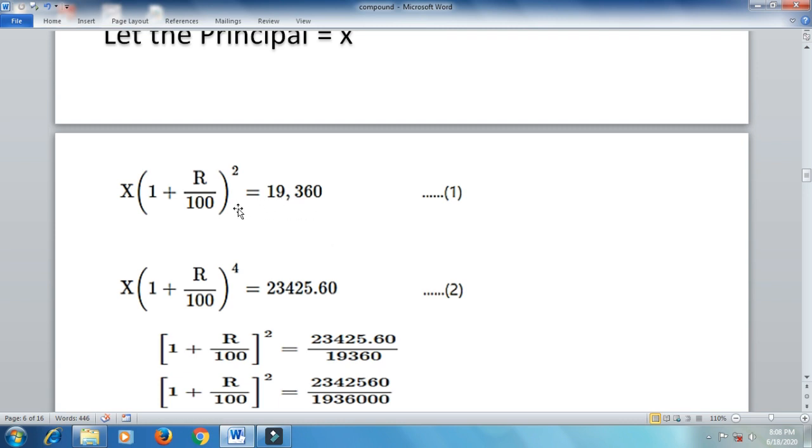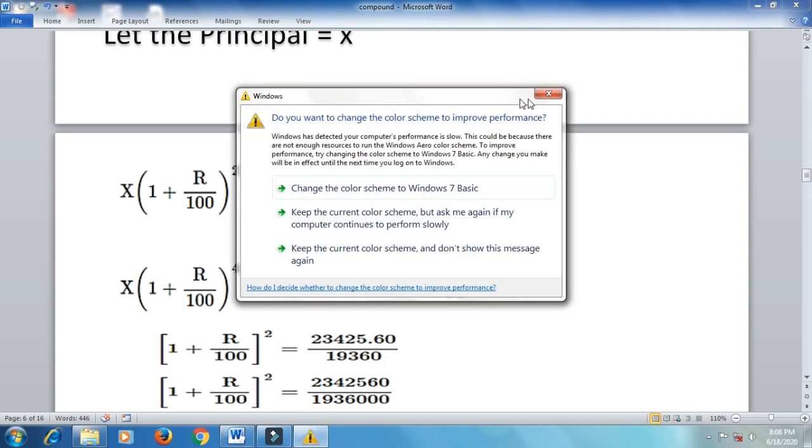That is rupees 19,360 is the amount obtained in 2 years. Similarly, 23,425.60 is the amount obtained in 4 years, principal being the same.